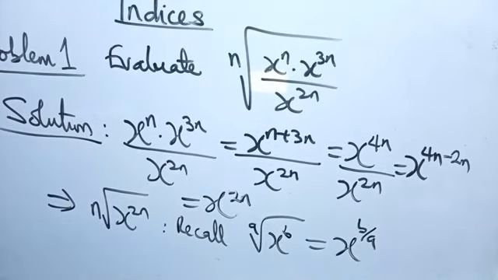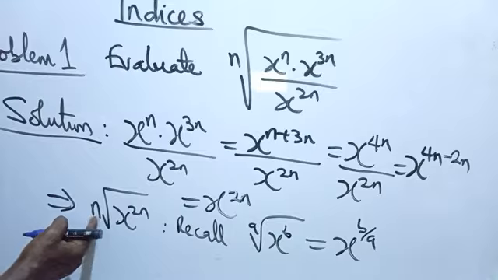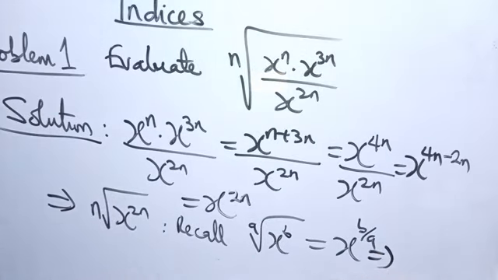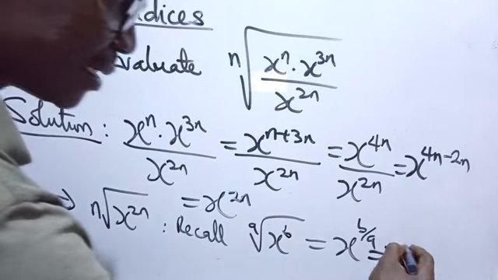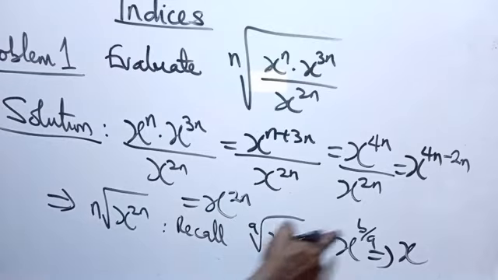So now using that here, b will be representing 2n, and a is representing n. So the nth root of x raised to the power 2n becomes x raised to the power, what is our b?